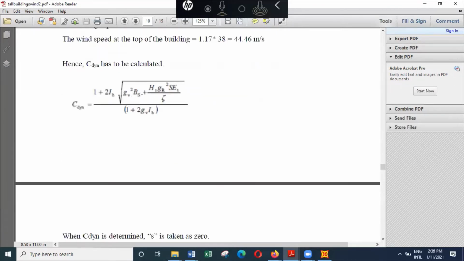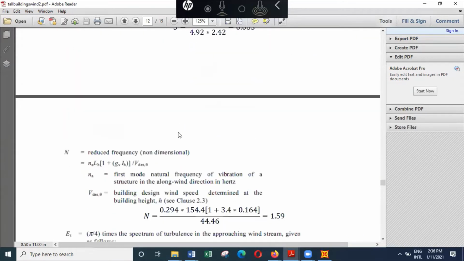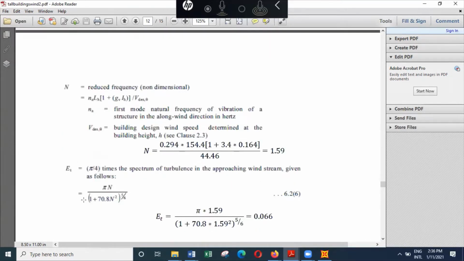So we know GV, we know BS, HS, GR, S. What we don't know is ET, and we can calculate that value also. ET is given by this particular expression, which depends on a non-dimensional quantity called reduced frequency, N, given by this equation: N is Na LH (1 plus GV IH) over V design theta.